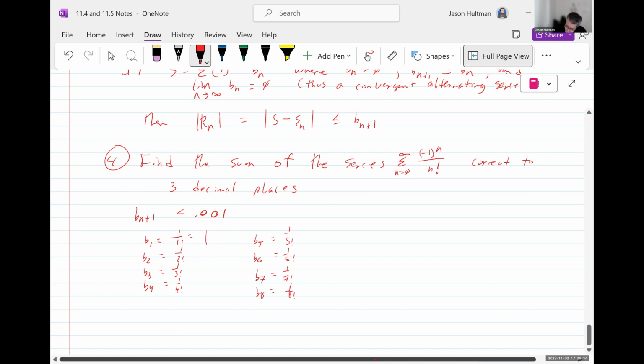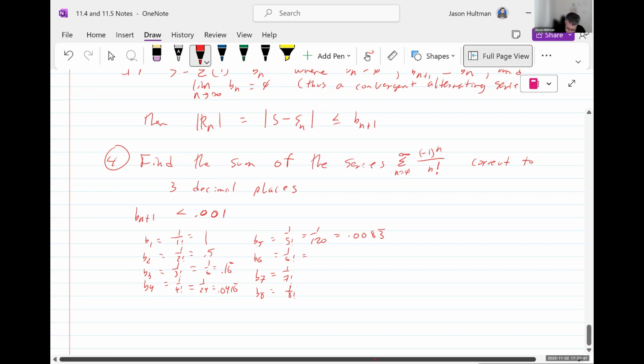Okay, so now this is just 1. b2 is 1/2, which is 0.5. This is 1/6, which is about 0.16 forever. Okay, and this is 1 over 24, which is 0.0416 forever. Okay, this is 1 over 120, which is 0.0083 forever.